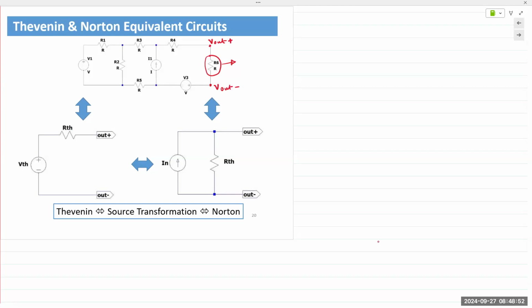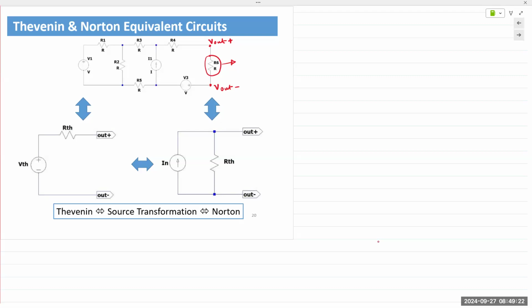And then a few decades later, there was an American researcher working at, I want to say Bell Labs, by the name of Edward Norton, not the actor. He's not that old. And he postulated his own theory based off of Thevenin's theorem, where he said that you could take the exact same circuit and represent it as a current source in parallel with the same resistance.